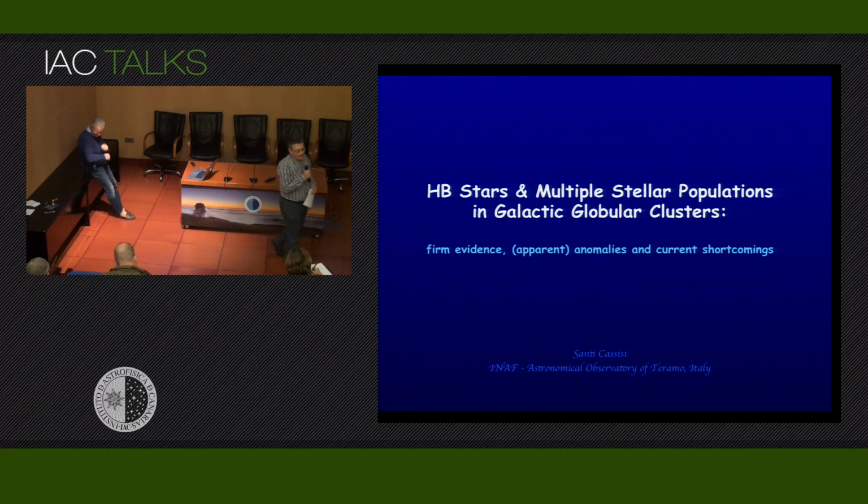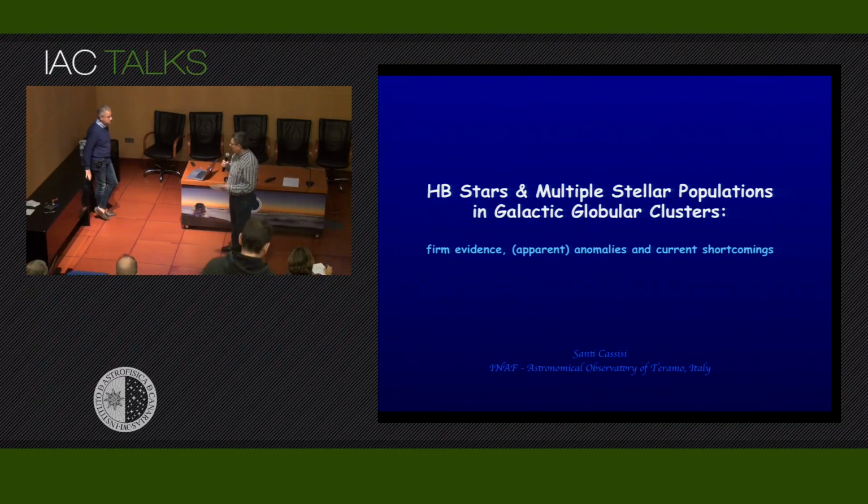So he is also a specialist in application of the stellar population, multiple stellar population in a globular cluster and other stellar systems. He is currently a staff member of the Teramo Observatorio, and he is visiting us for the developing of the new extension of the stellar evolution library Basti.